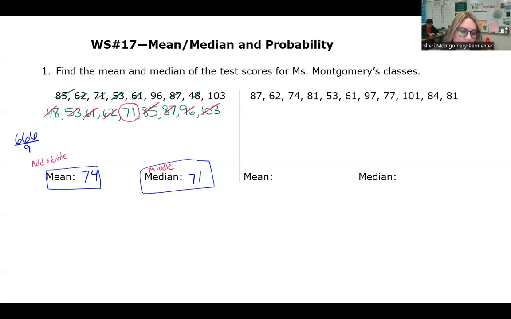Beautiful, good job. Let's see if we can get a volunteer for the other one. For the second one, you can just write the answer, because it's rewriting all the numbers.